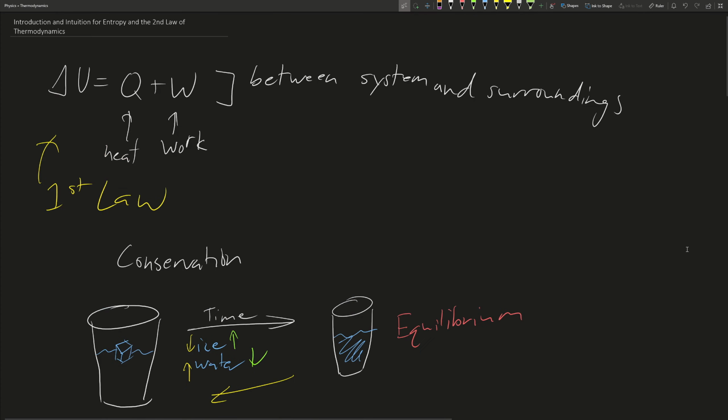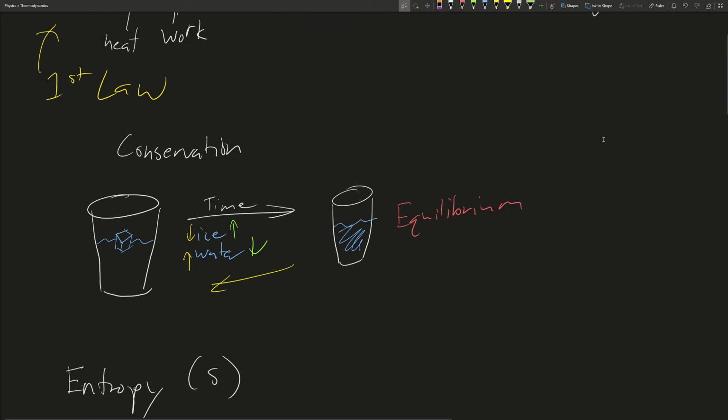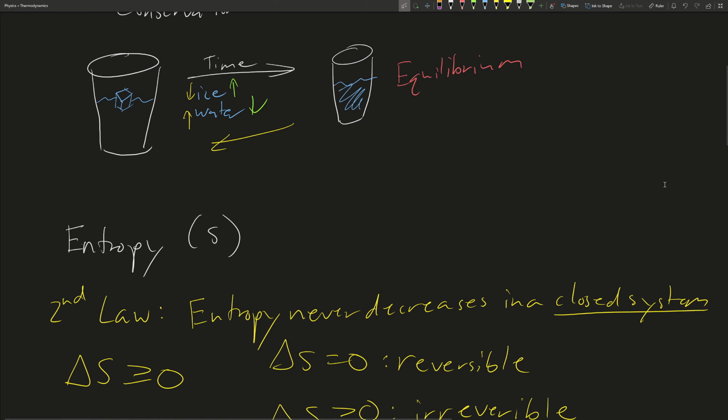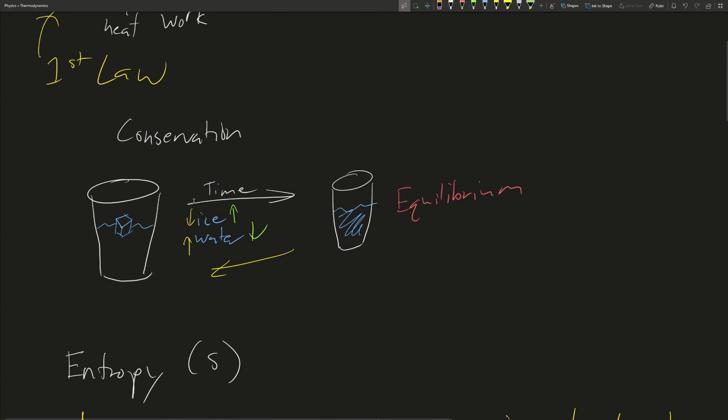So entropy and the second law of thermodynamics help us understand why, even though conservation of energy isn't dependent on time, certain processes are irreversible and follow a certain direction in time. And so it favors things going from orderly, or able to do work, to less able to do work.